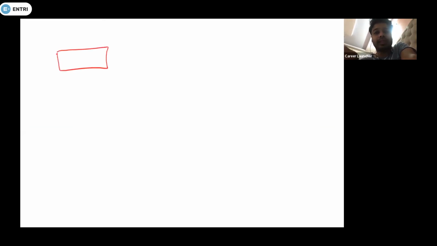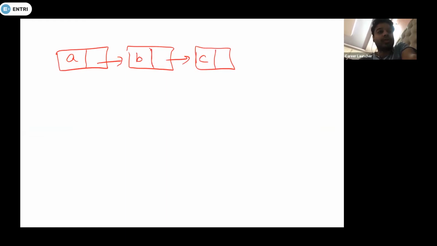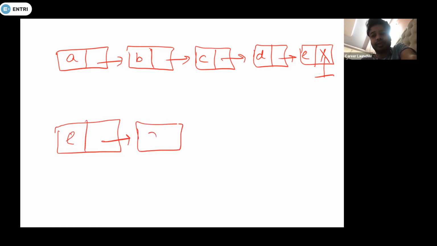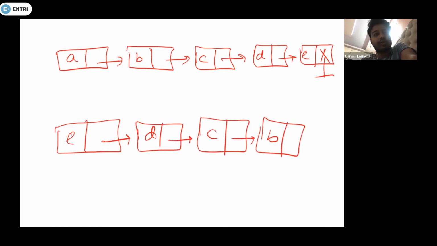So the next problem is one of the data structure problems. The last node points to a null pointer, and the reversed linked list should look like this. This one is the head node here. So this is the reversed linked list.